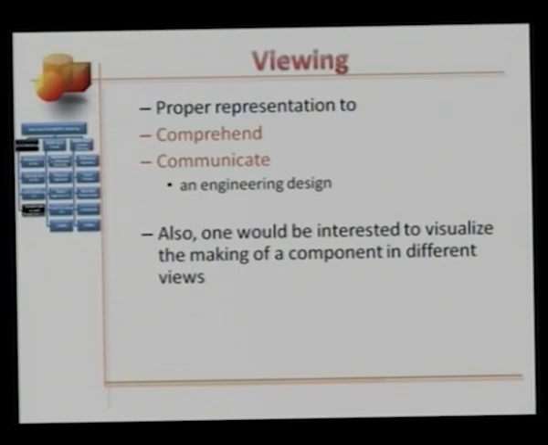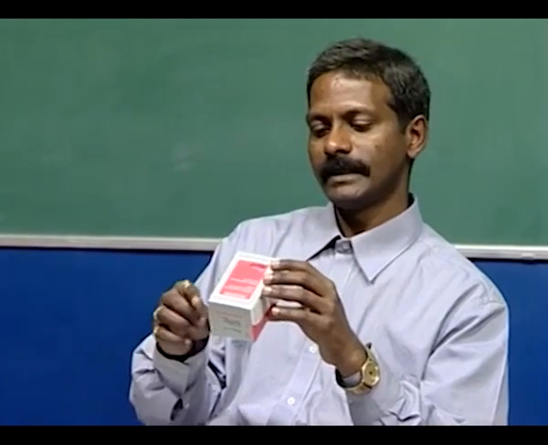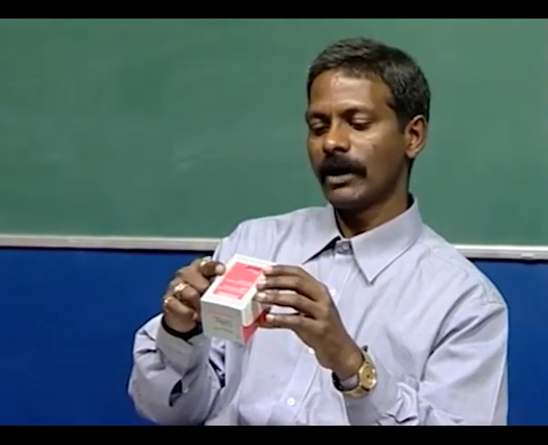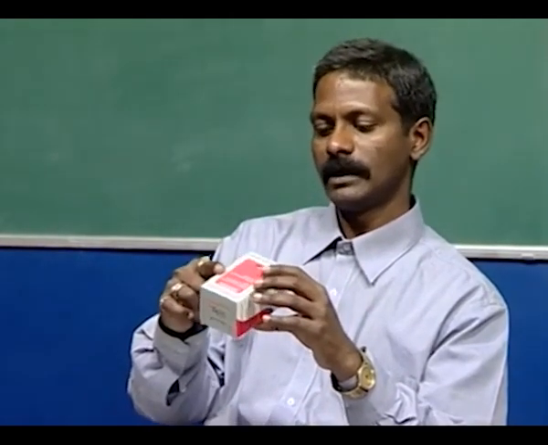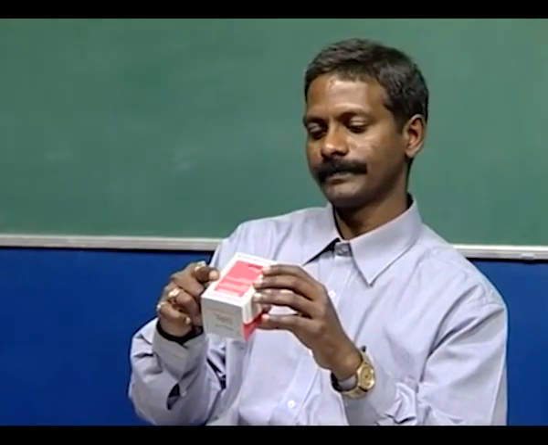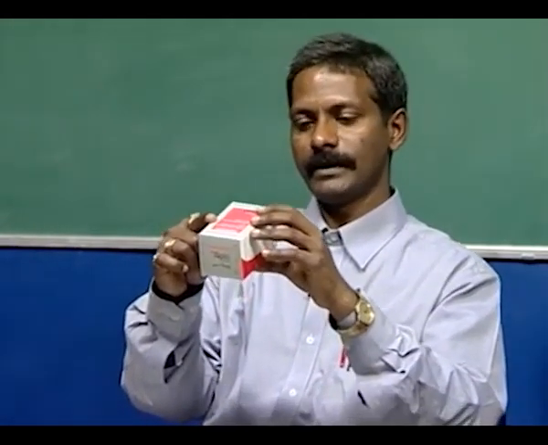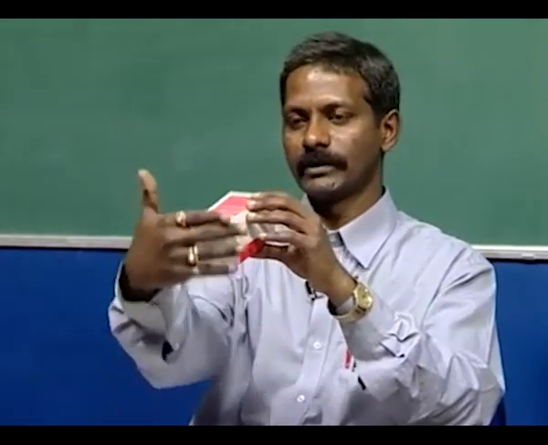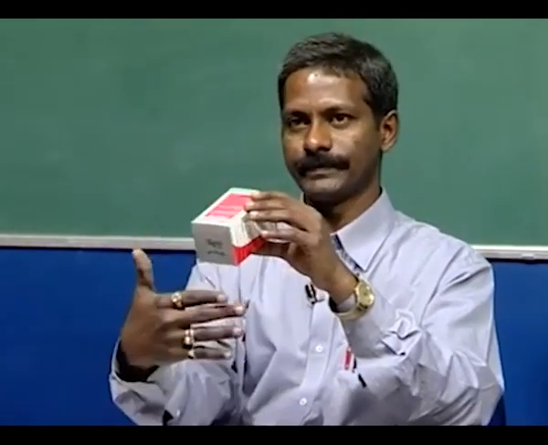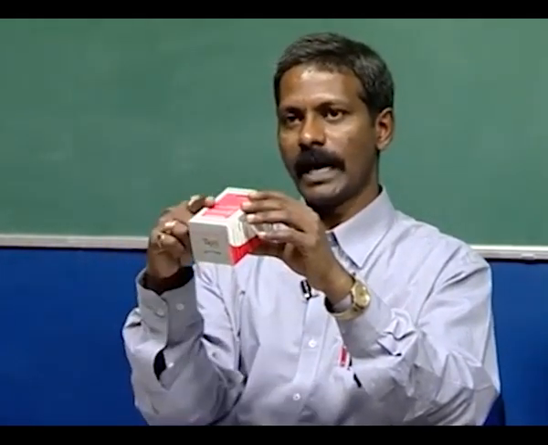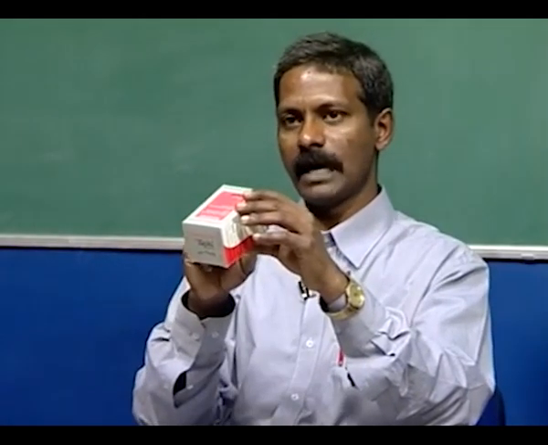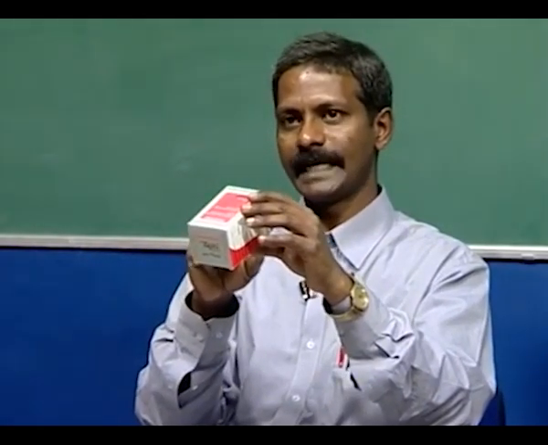Let me explain what I mean here. Imagine I'm trying to design a very complex component represented by this block. What you see would be this portion in the workspace. You would not have any idea about this vertex which is hidden.